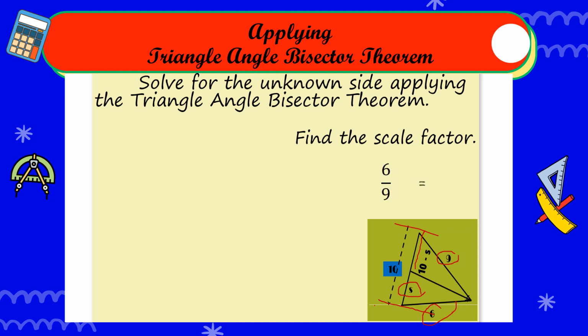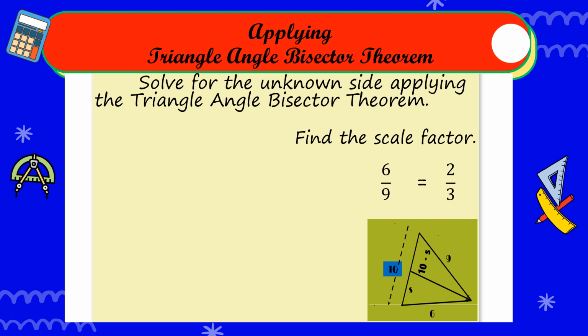6 over 9 reduced to the lowest term. Both are divisible by 3, so it's 2/3. Now that we have the scale factor, we will have our ratio from the unknown variable s.